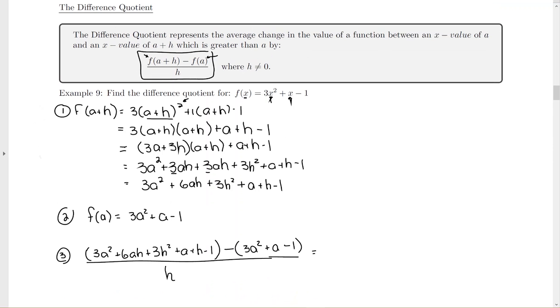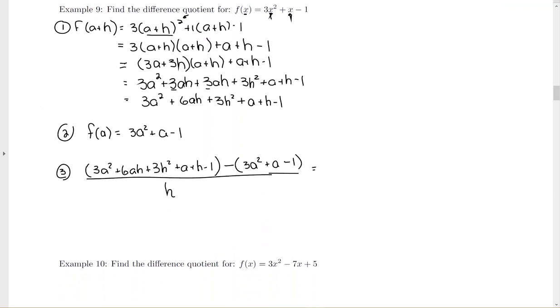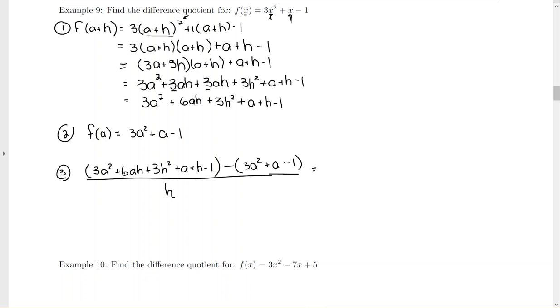All right, so we're just plugging into the formula now, our pieces divided by h. And now simplify. So on the top, you're going to distribute this negative sign through the parenthesis. One thing you should notice is everything then in the second parenthesis will cancel out with something in the first. If it doesn't, you did something wrong.